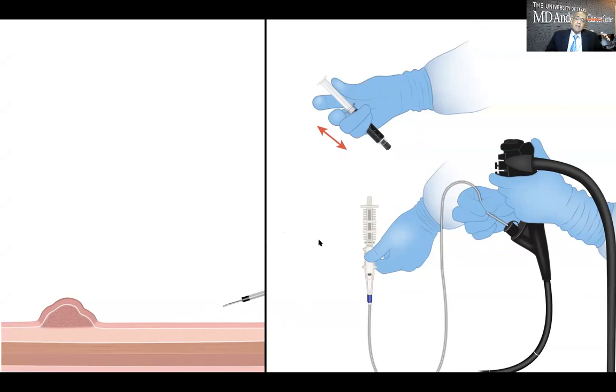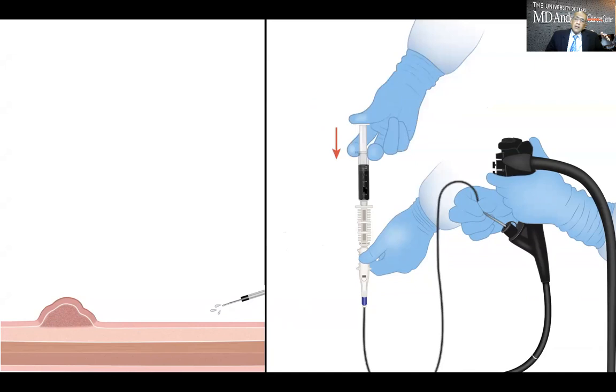And then as you flush the tattoo, you let the tattoo come all the way to your biopsy port. And that's where you ask the assistant to stop. That means you have at least 1 more cc of saline in the injection catheter.